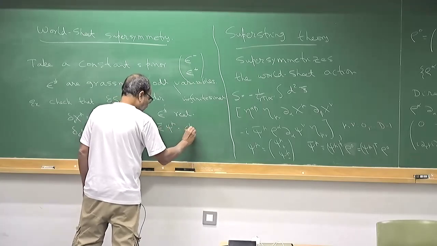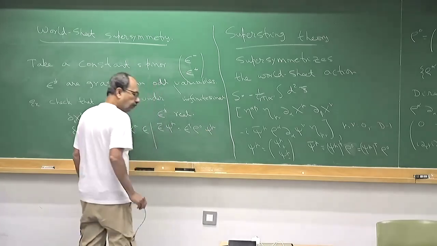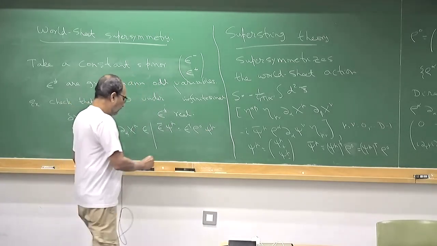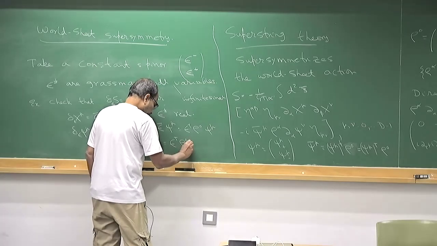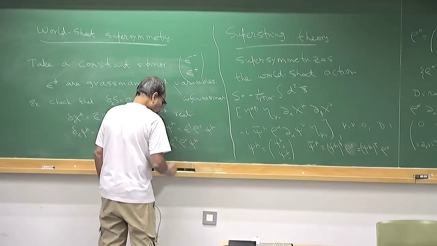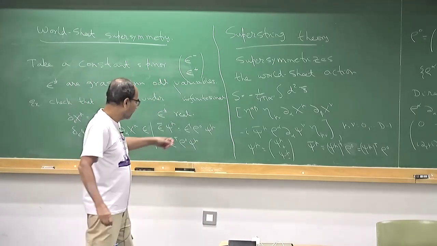This is epsilon dagger rho 0 psi mu. This I can write as epsilon transpose rho 0 psi mu, because epsilon is real.